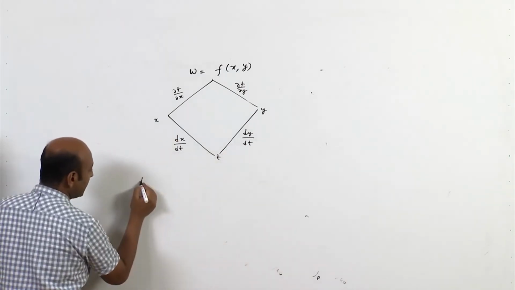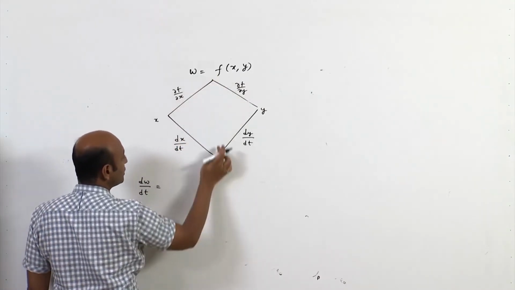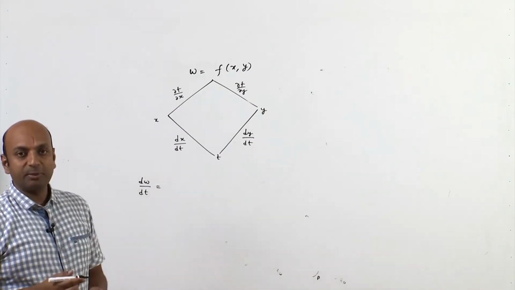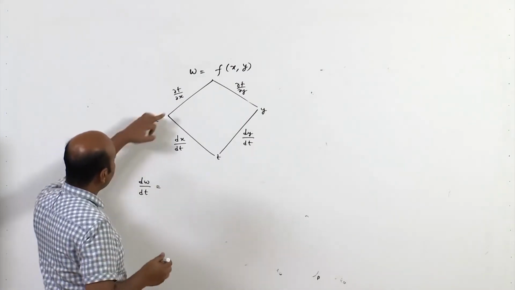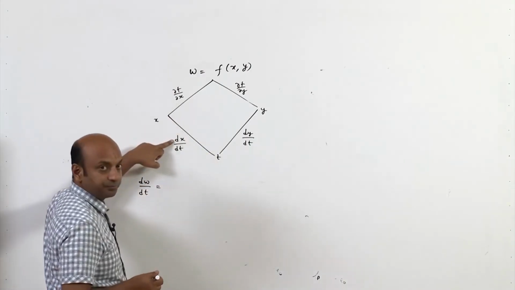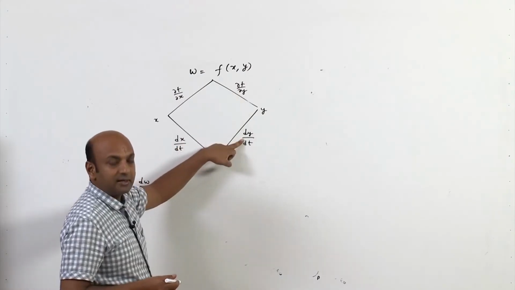Now, we have to write dw by dt from this point to this point. So, how can we remember that expression? You simply multiply along one branch, the other branch will be this into this, and add them.